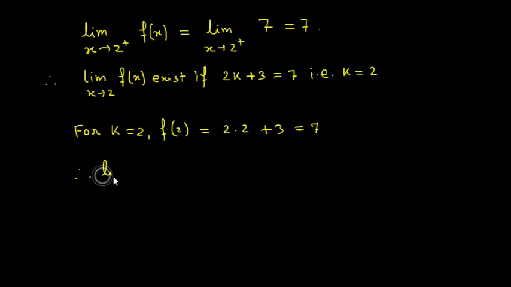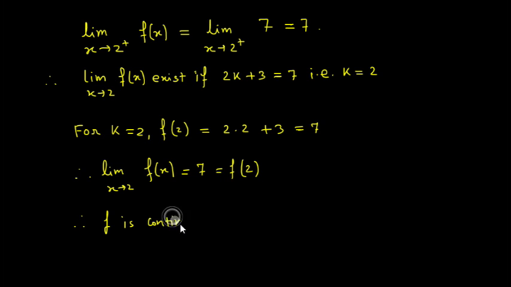Therefore, limit x tends to 2 f(x) is equal to 7 is equal to f(2). Therefore, f is continuous at x is equal to 2 if k is equal to 2.